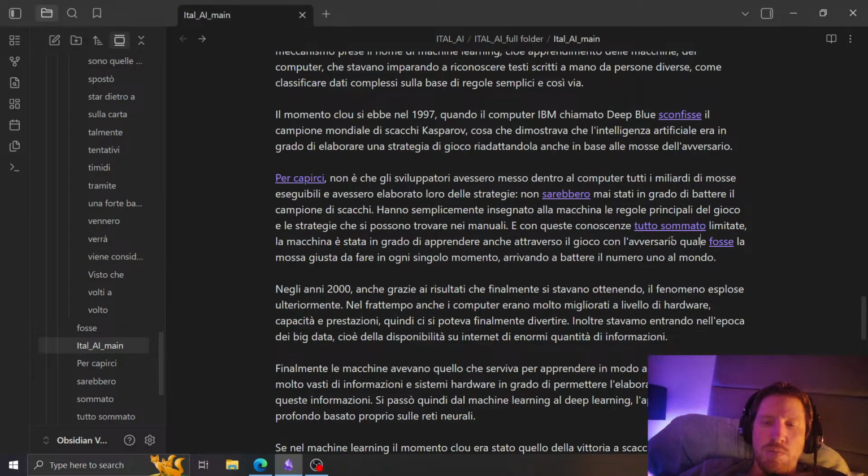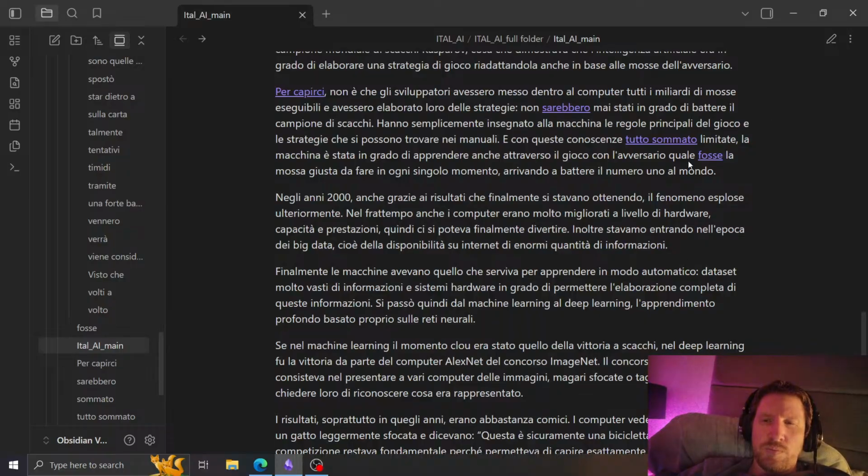Through the game. Okay, my question is, so for the sentence, la macchina è stata in grado di apprendere anche attraverso il gioco con l'avversario quale fosse la mossa giusta da fare in ogni singolo momento.